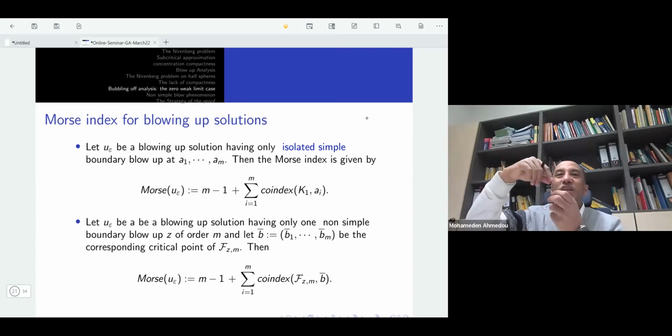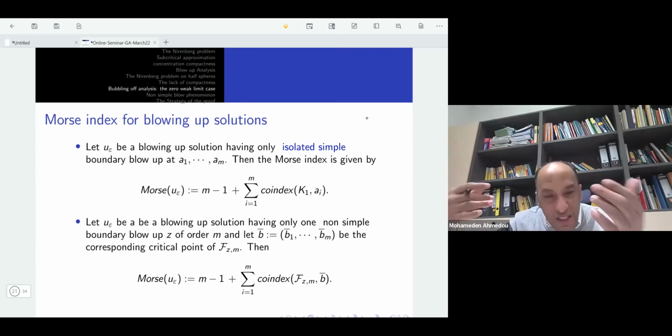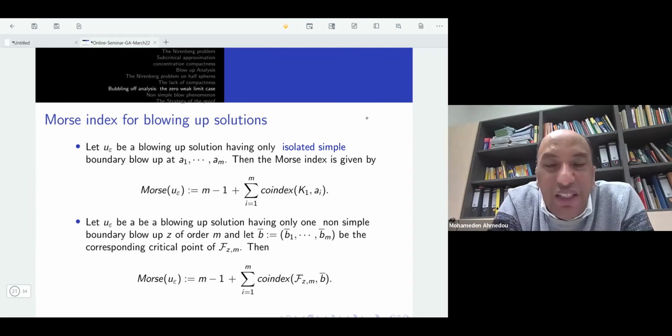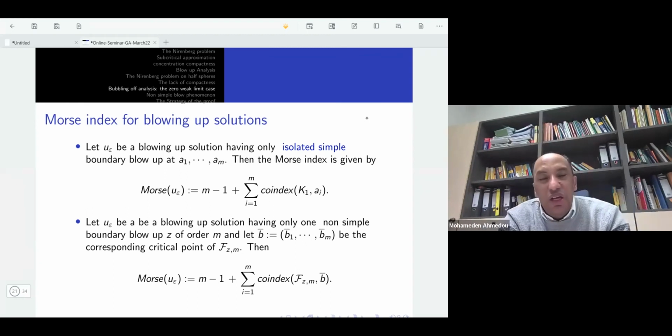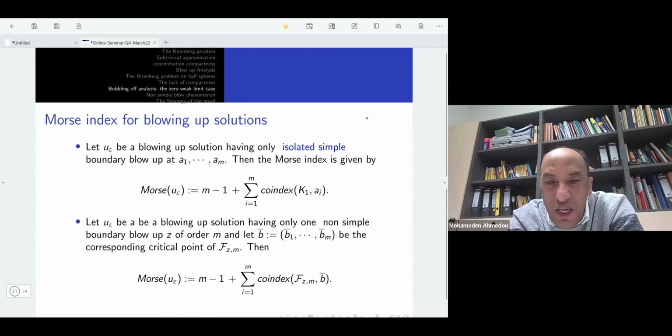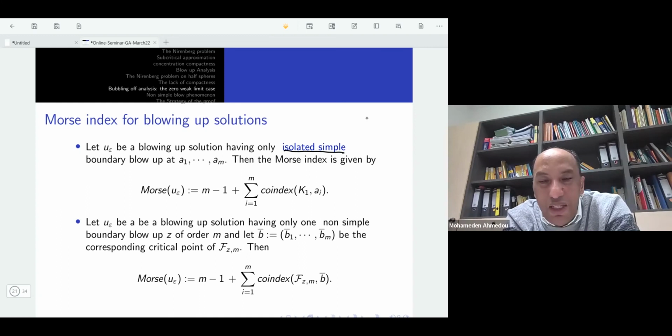So this solution will attach, when you cross some kind of critical level, a handle of dimension the Morse index. And actually what is surprising is that we can also compute it. For a boundary blow-up point which is isolated simple, you can compute it, and this is m-1 plus the sum of the co-index of K1 at Ai.